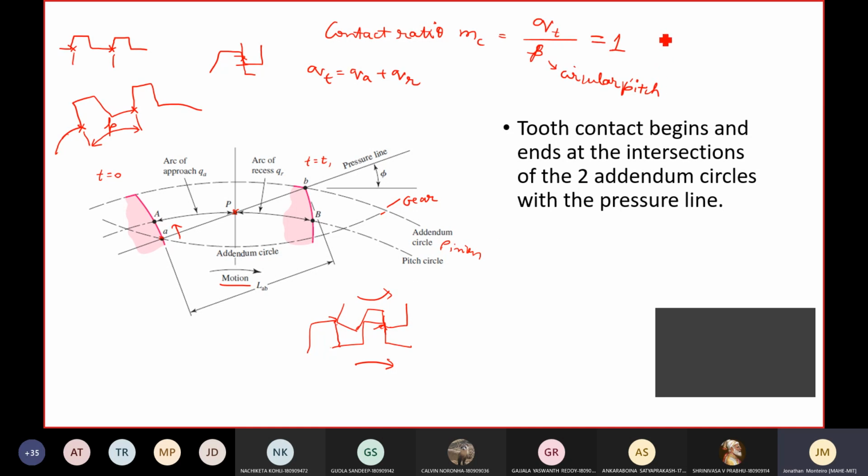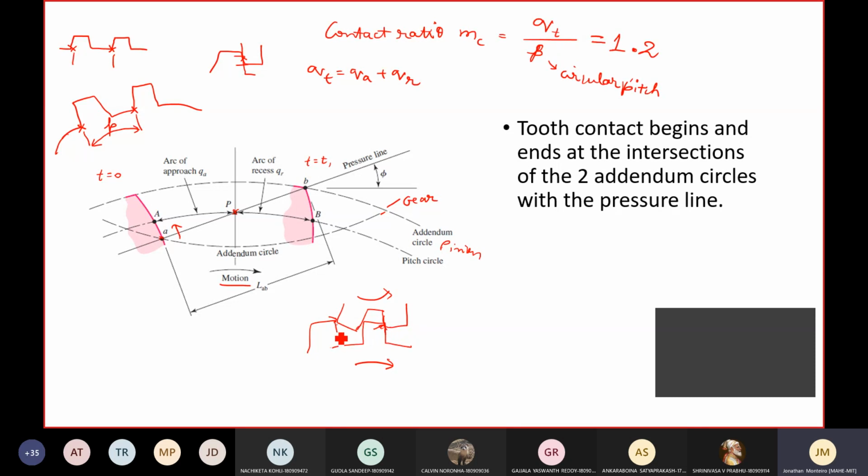And for this, instead of 1, we can go for 1.2. Okay, we can go for 1.2. When we have such an arrangement that QT by P is equal to 1.2 or even above that, that means one tooth is engaged totally, it has slid over and is about to get disengaged by virtue of rotation.